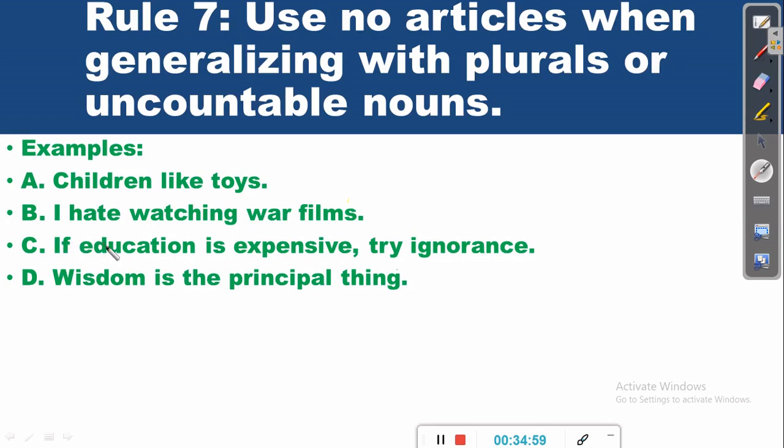We cannot say if an education is expensive, try an ignorance. No, there are no articles with words that refer to uncountable things. Now, example D, wisdom is the principal thing. Wisdom. We don't have to say a wisdom or the wisdom. So we don't need articles in this situation. All right?